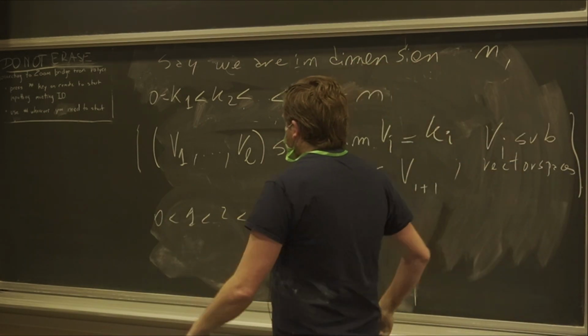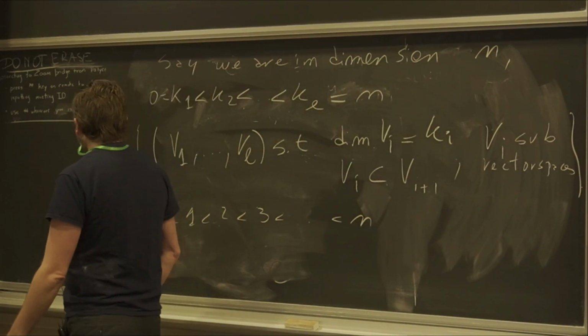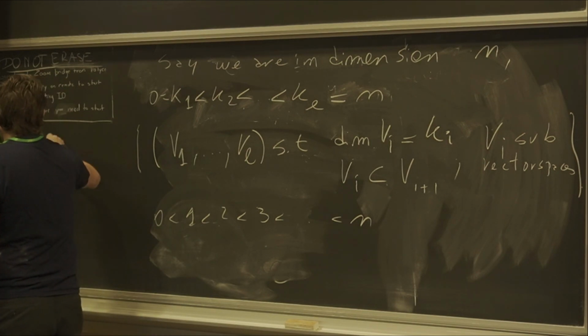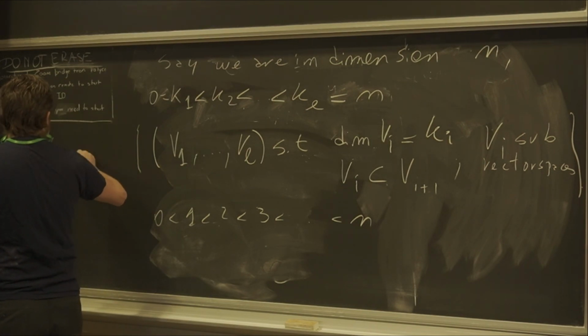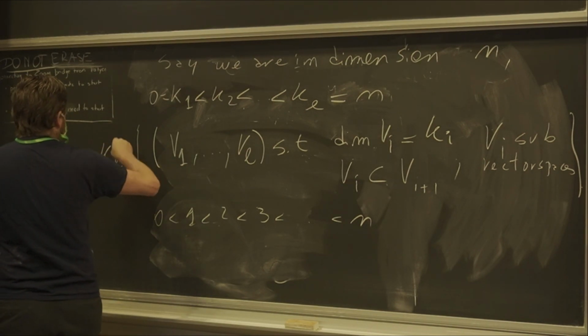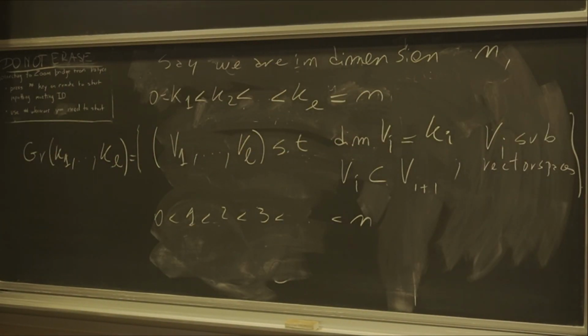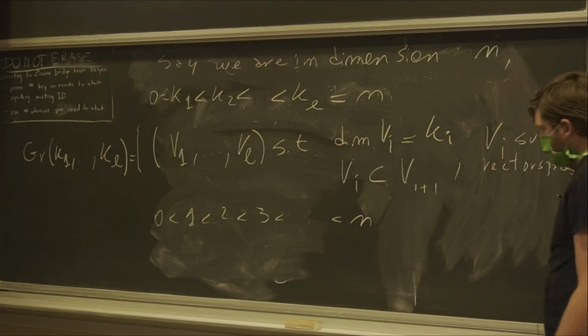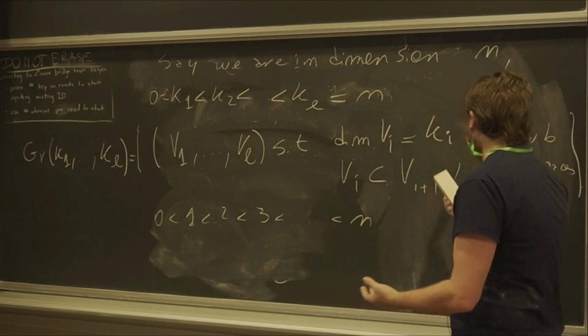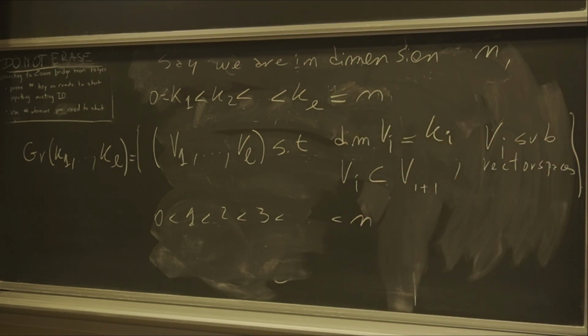So this is some space, which we could call GR K1 up to KL, because it's some sort of what is called Grassmannian. And we have naturally the matrices acting there.